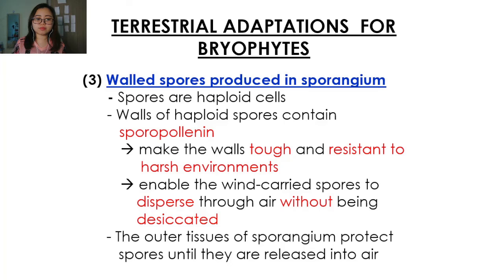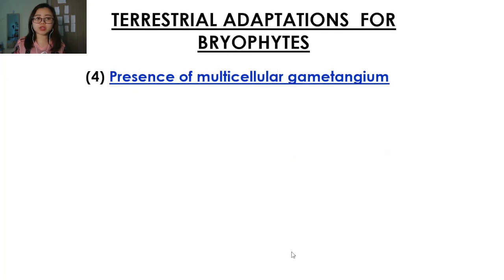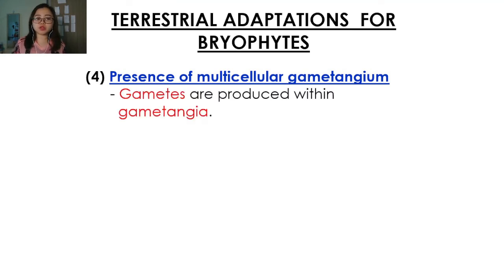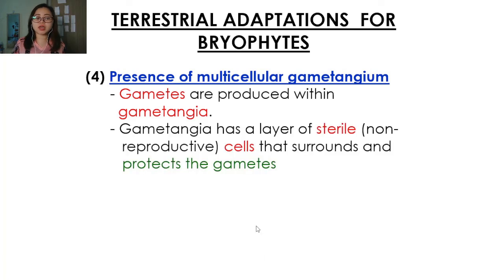That's pretty much it. And last but not least, the fourth terrestrial adaptation for bryophytes is the presence of a multicellular gametangium. The gametes are produced within gametangia. Gametangia means yang macam tadi, antheridia, archegonium. The gametangia has a layer of sterile or non-reproductive cells that surrounds and protects the gametes.